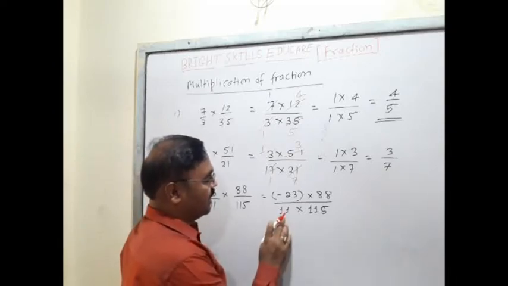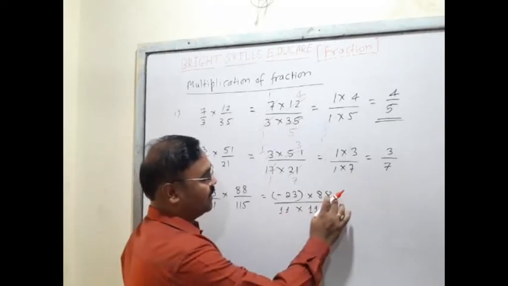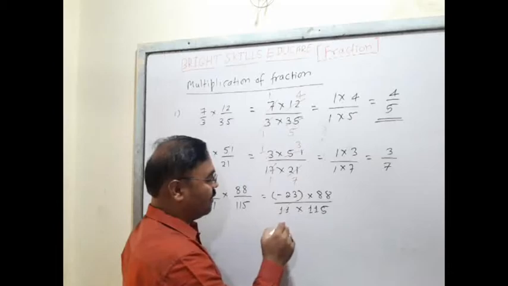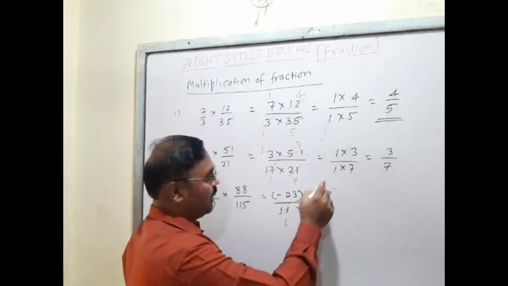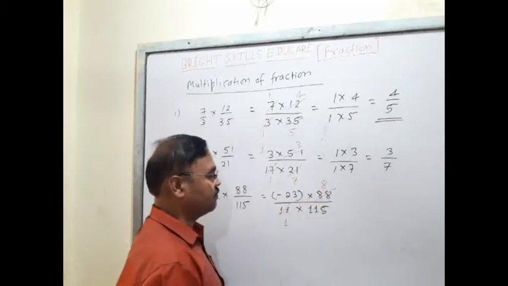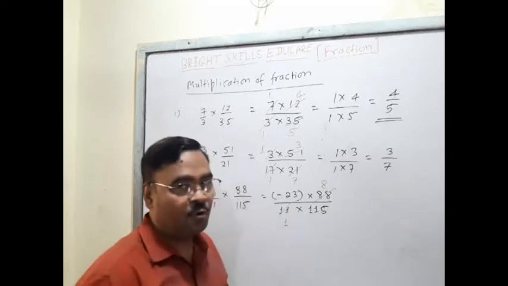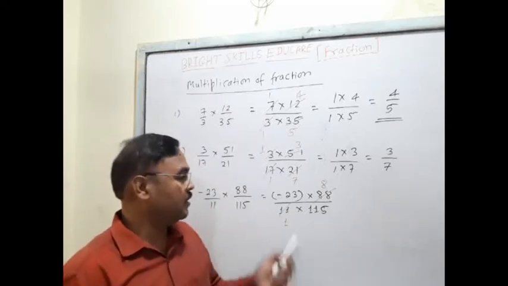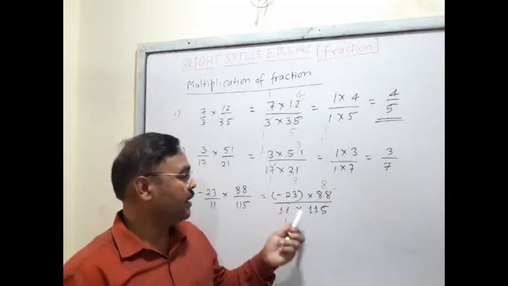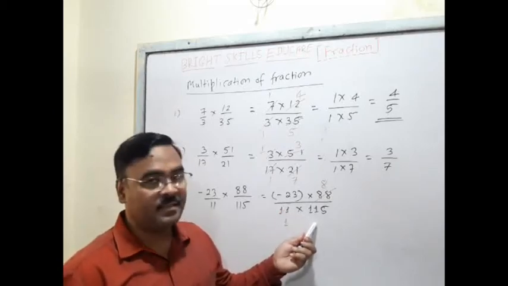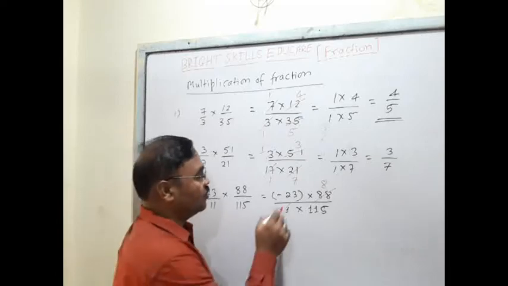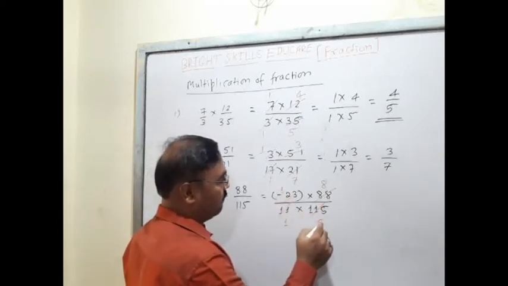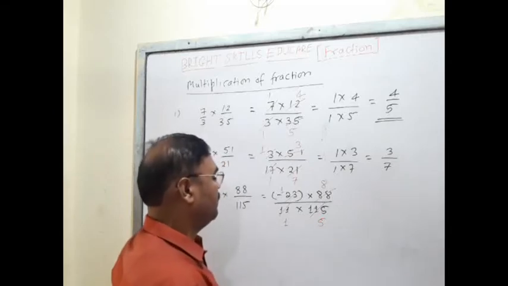Cancellations. See, there is an 11 and it is 88. So 88 is divisible by 11. 11 1s are 11, 11 8s are 88. And if you know the table of 23, or you can make the table of 23, 23 1s are 23 and 23 5s are 115.